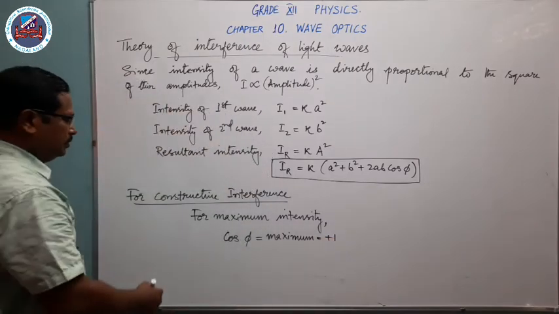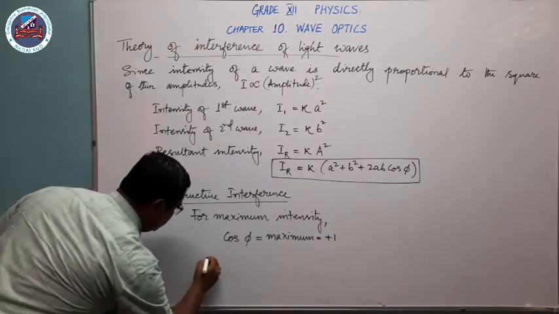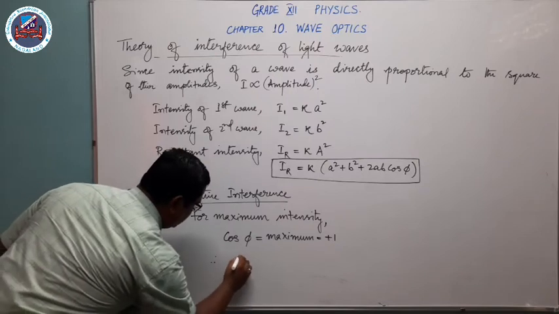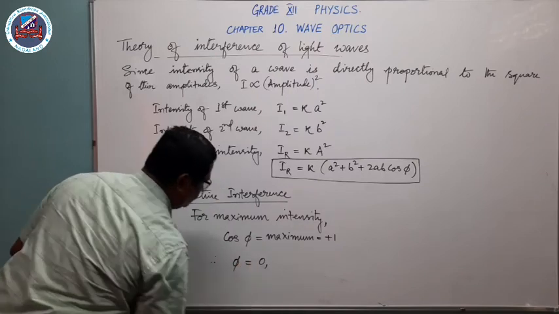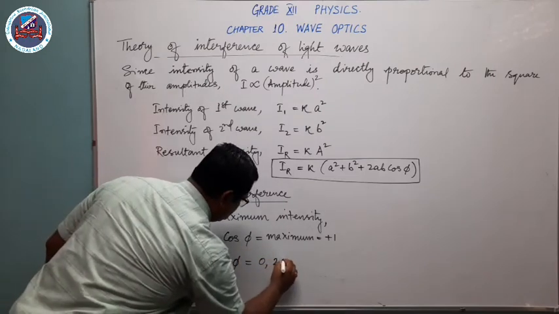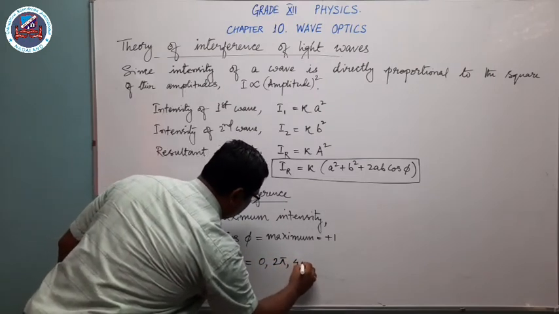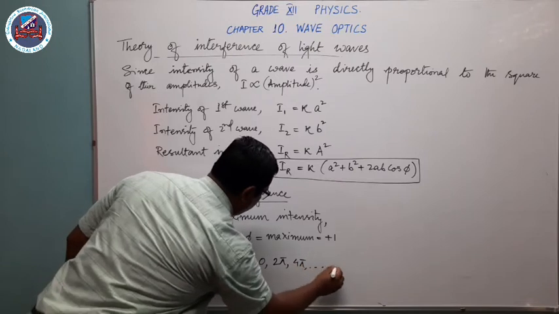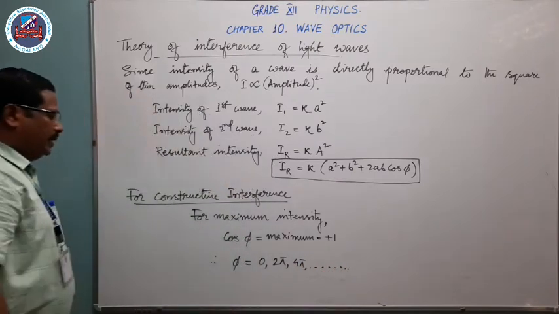Then the principal values of phi will take the values 0, cos 0 degree is equal to 1, cos 2 pi is equal to 1, cos 4 pi is equal to 1. Like this you will find out the values of phi.